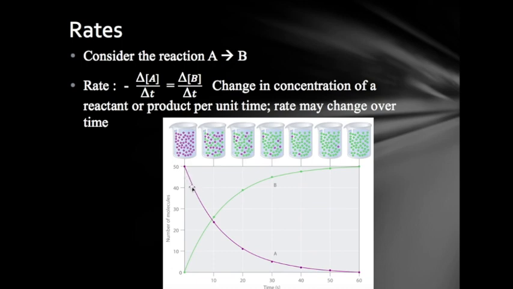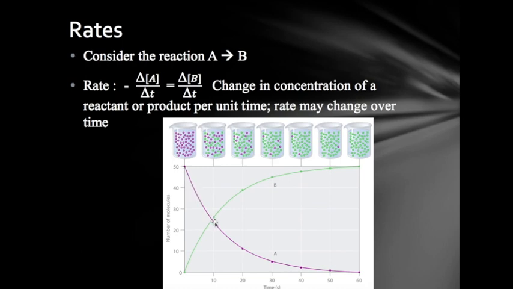Here you can see that the slope of this purple line starts as a large negative value. It's declining quite rapidly. But then as we go on, the slopes kind of shallow out. This curve gets flatter and flatter. What does that mean about our rate as time goes on? That means that the rate itself is changing. In other words, this reaction is slowing down as time goes on. It starts quite quickly.